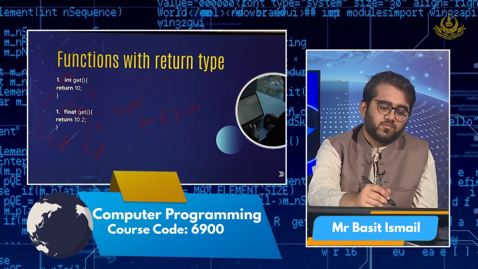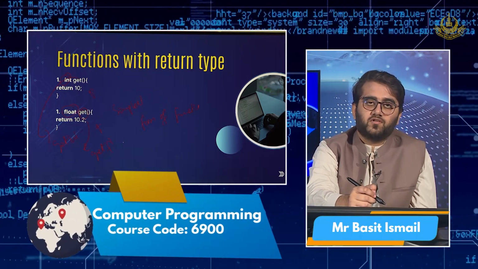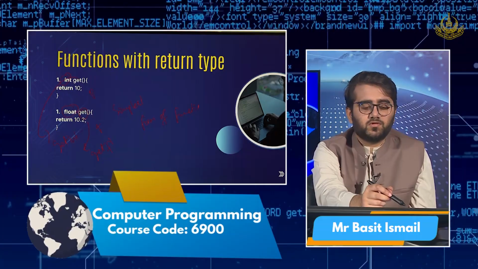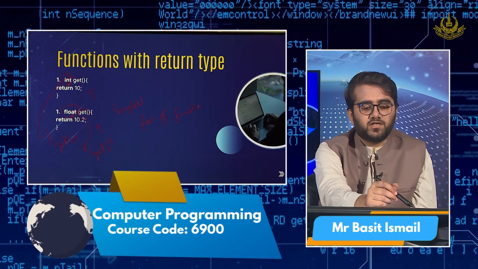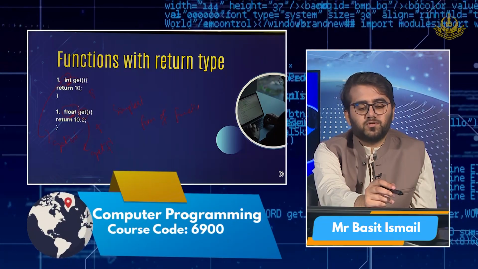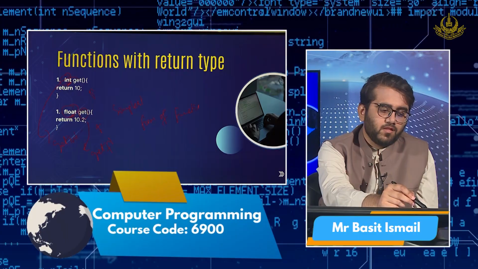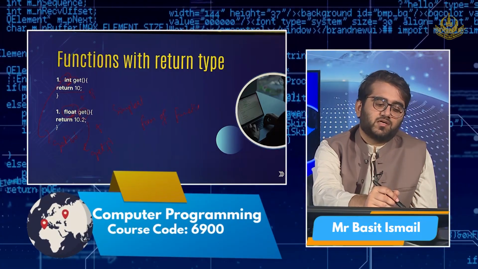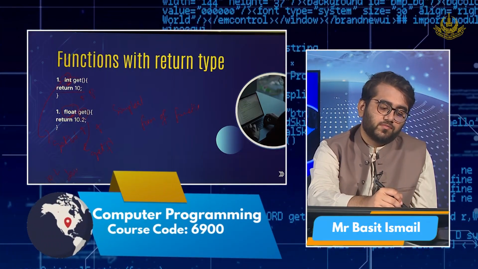If we had named them get int and get float, that would have been better. However, you can use the same name for the function, but due to different return types, the compiler would be able to tell which function is being called. In the first function we are just returning a simple whole number, 10, and in the second function we are returning 10.2, which is a floating or decimal point number.